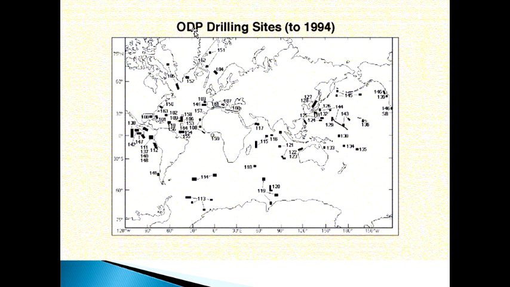The ODP is the drilling project that is part of a whole series of them. There was something called the DSDP, Deep Sea Drilling Project. That's a really old one. And now we are in something called the International Ocean Drilling Project.